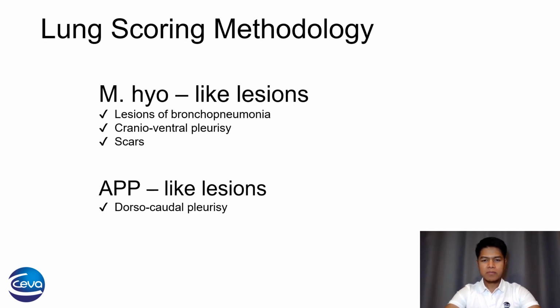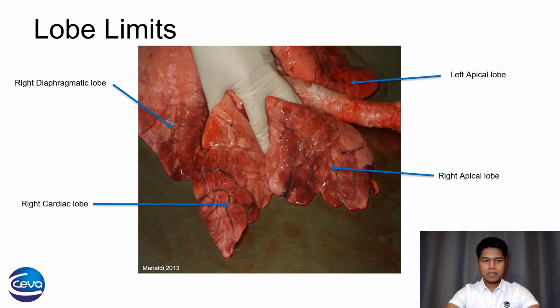For the mycoplasma-like lesions, lesions of the bronchopneumonia, cranioventral pleurisy, and scars were considered, and dorsocaudal pleurisy for APP-like lesions. In this slide, the photo shows how to approximately distinguish and demarcate the lung lobes as a preliminary guide in lung lesion scoring.